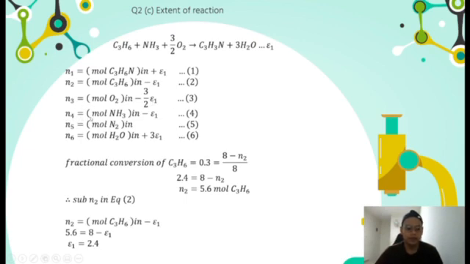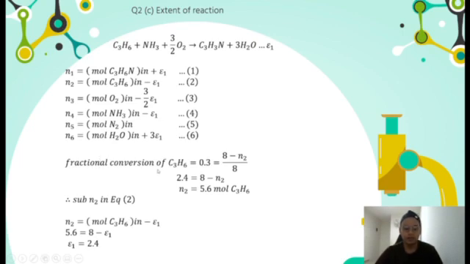N4 is equal to mol NH3 in minus extent 1, equation 4. N5 is equal to mol N2 in, equation 5. N6 is equal to mol H2O in plus 3 divide extent 1, equation 6.